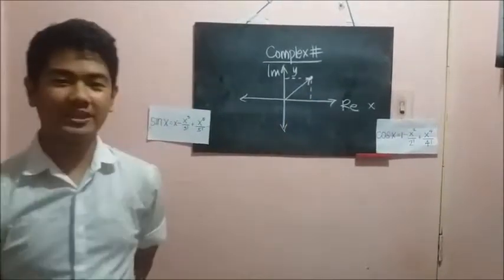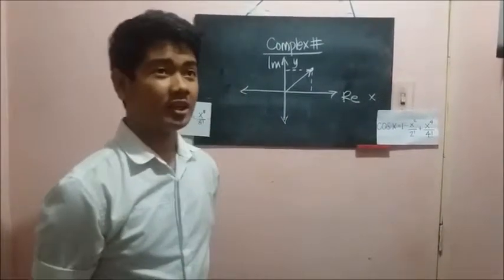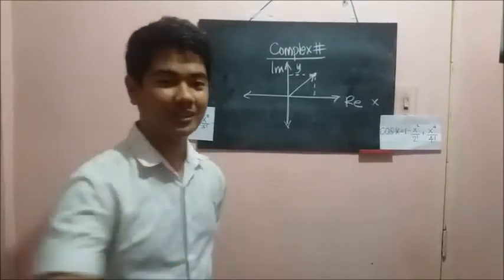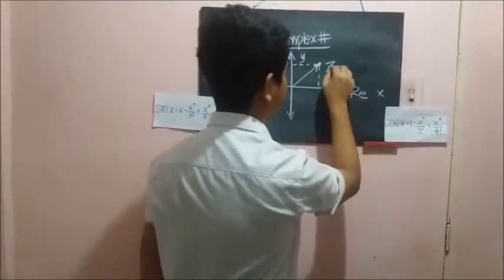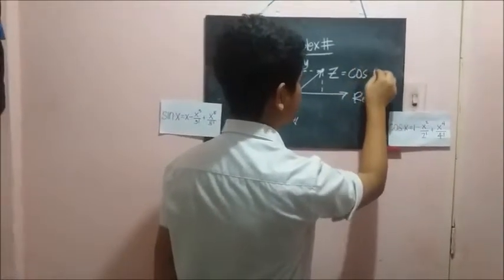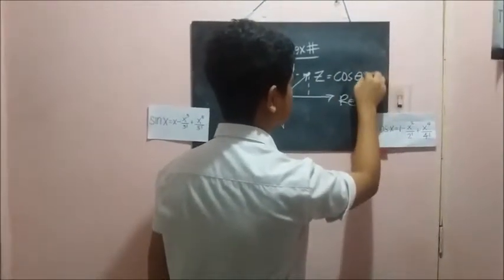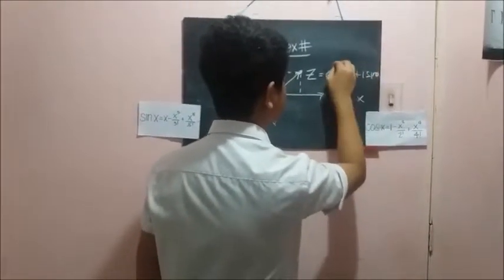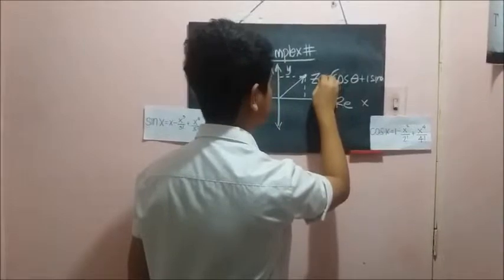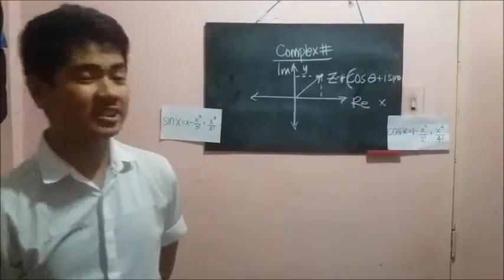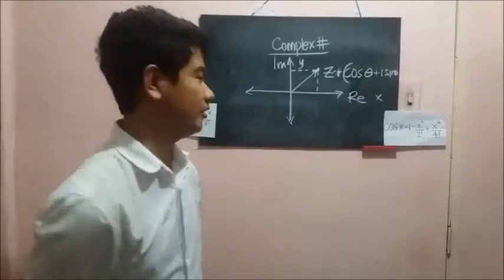This point is represented by a Cartesian complex number, which is represented by this equation. That is the Cartesian equivalent of the complex number.